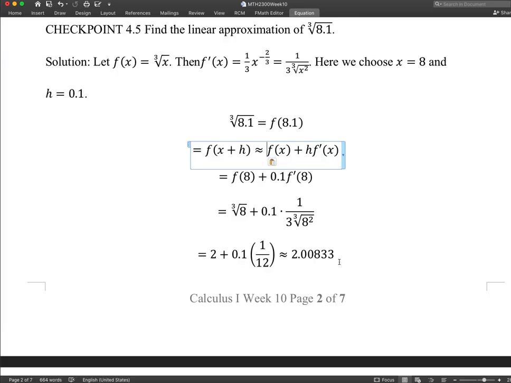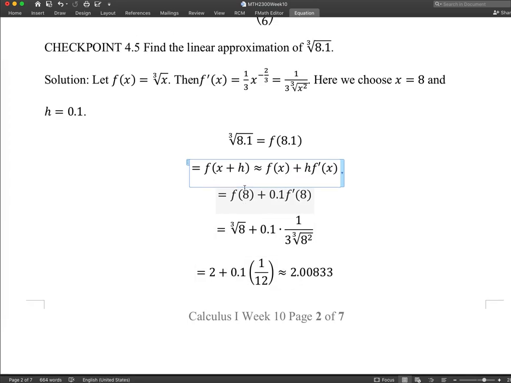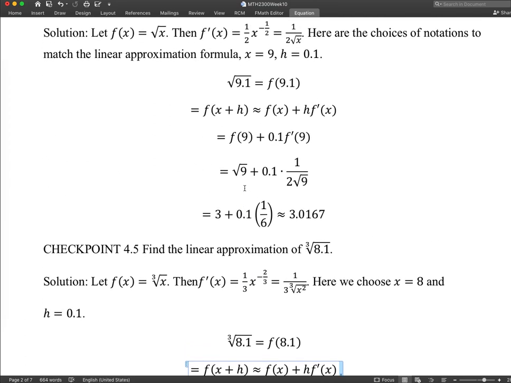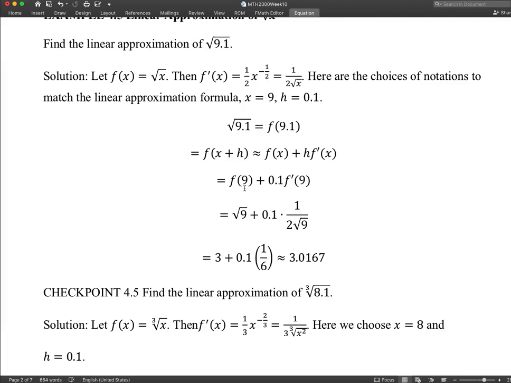And if you are watching this video, do give it a try. Use your calculator to see if you are convinced this is a reasonable approximation. It should be close to what you may get from the calculator. Okay, so this is one application of the derivative.